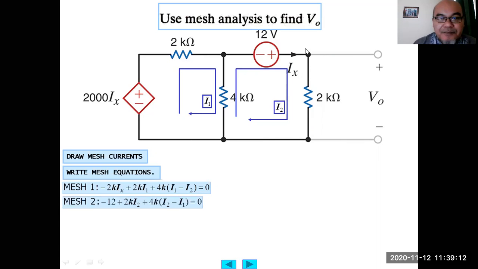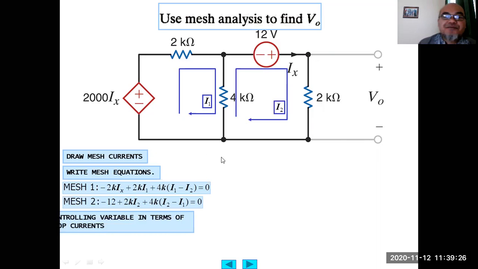At mesh 2: negative 12 from here, so we depart from here, negative 12 plus 2k times I2 plus 4k times (I2 minus I1), because the loop is in I2 here.